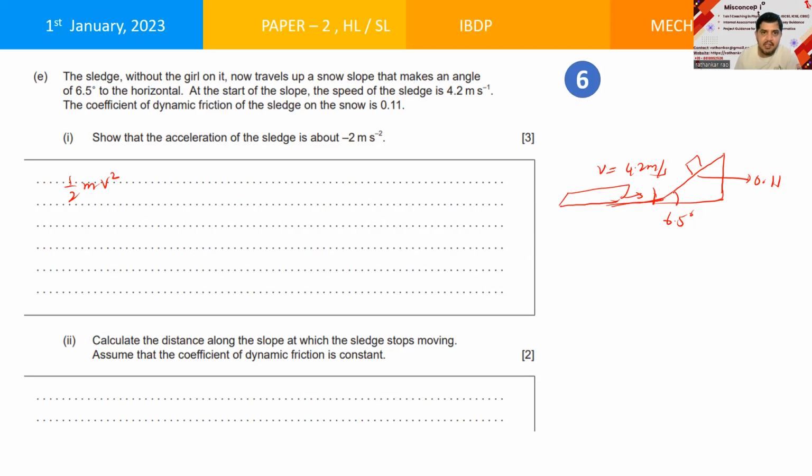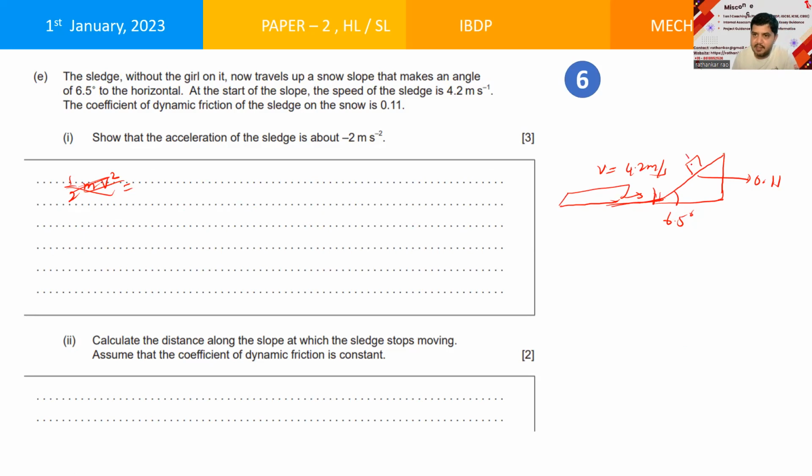Now as it keeps on moving, what happens to this energy? No, you cannot use this because we do not know what height it goes. Okay, let us not use this one here.